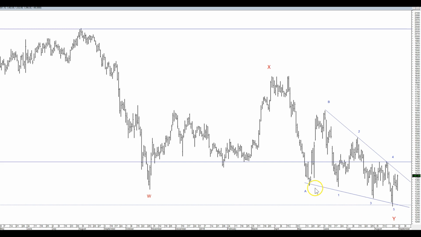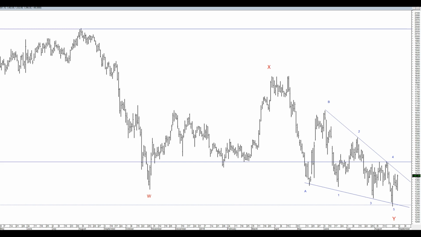So here we see that the ending diagonal took almost 1, 2, 3, and 4 months to form. So if this is confirmed here, this should go to this level in about 6 weeks at the maximum. So that is likely to be a very fast move back to around 1680 levels.